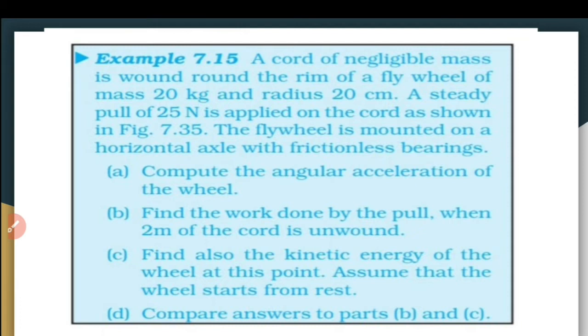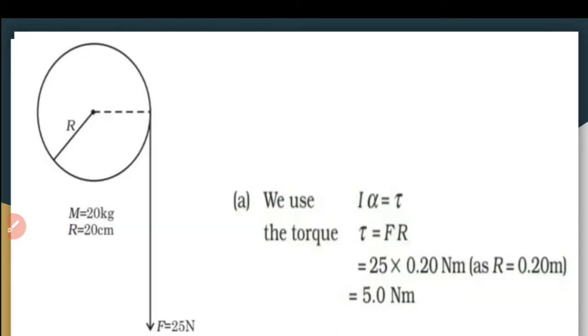So R cross F becomes RF, and torque becomes RF. Here F is 25 Newton and R is 20 centimeter, 0.2 meter. So torque is 25 into 0.2, that is 5 Newton meter.